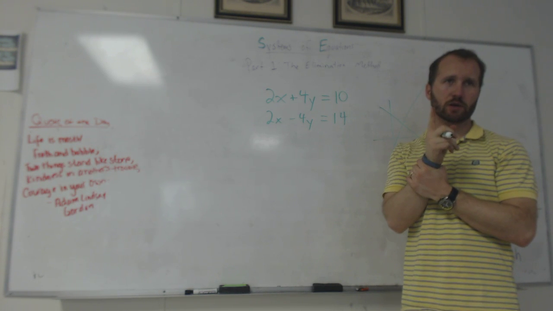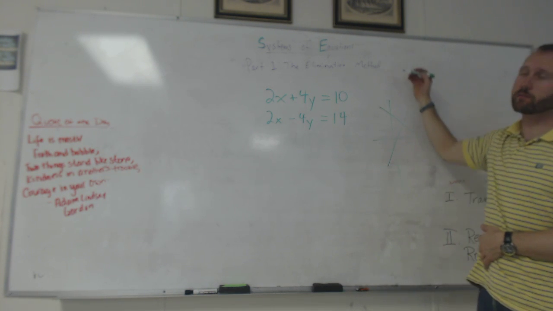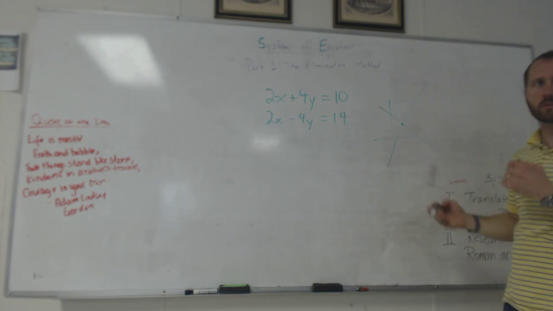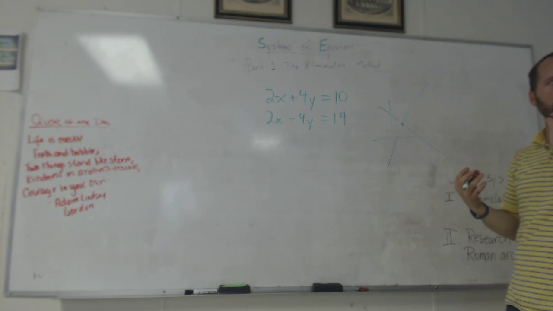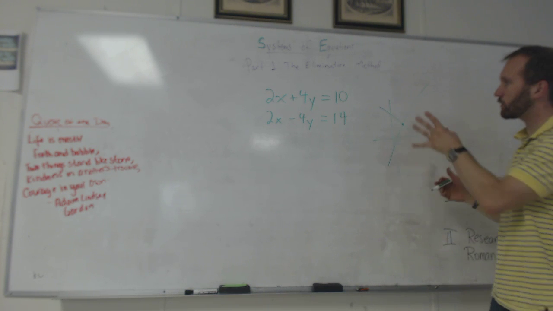And I'm going to come up with one solution. The one solution to any system of equations is the point where those two lines meet. What is the point where those two lines meet? But the way that we solve it is not always going to be with a graph.